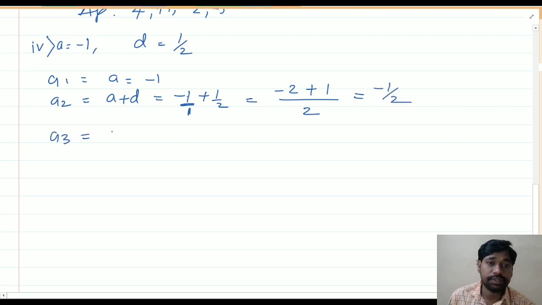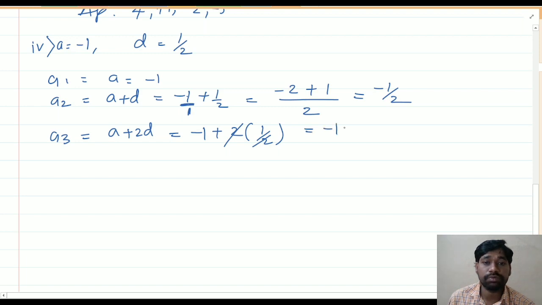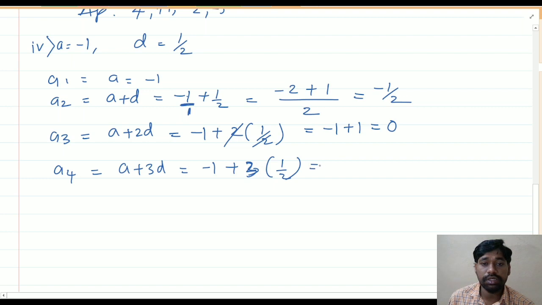A3 is equal to A plus 2D. That means minus 1 plus 2 into D, which is 1 by 2. The 2 gets cancelled, so minus 1 plus 1 is equal to 0. A4 is equal to A plus 3D, that is minus 1 plus 3 into 1 by 2, so minus 1 plus 3 by 2.